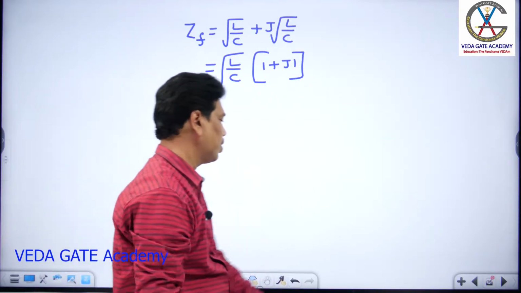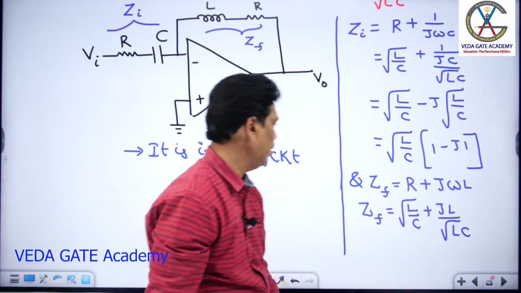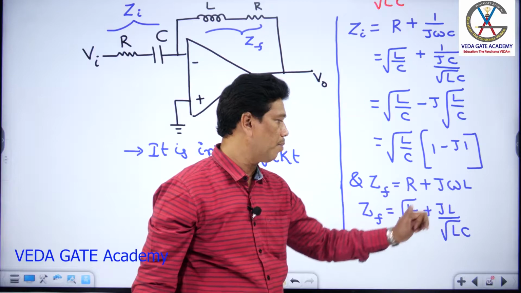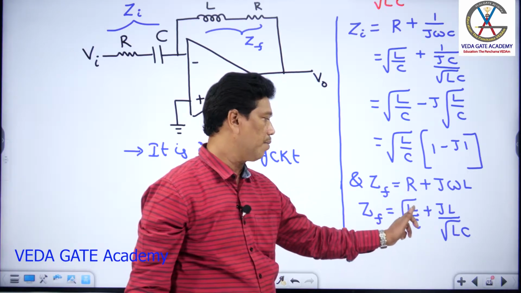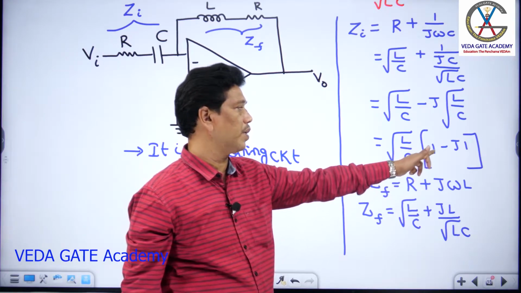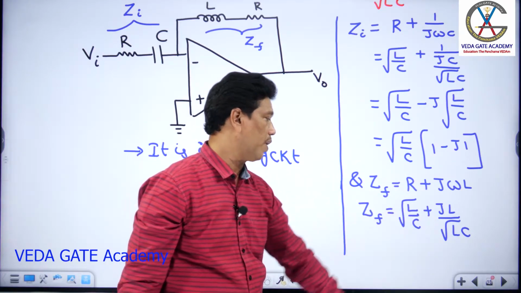So root L by C, jL by root LC becomes root of L by C. Taking root L by C common, that becomes 1 plus j1. So Zi is root L by C into 1 minus j1, and ZF is root L by C into 1 plus j1.